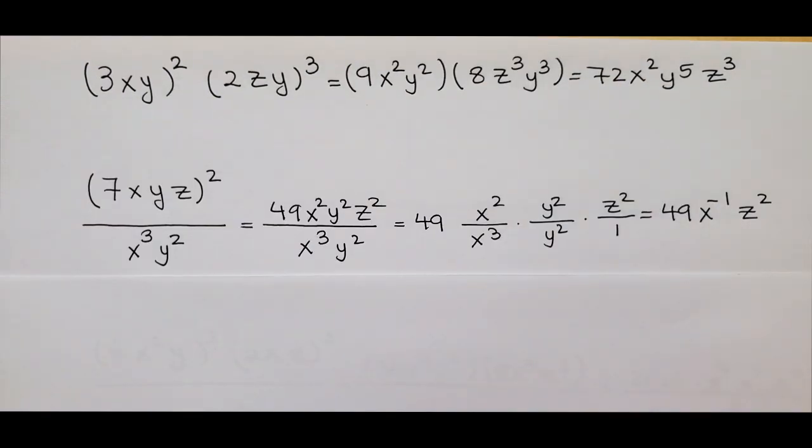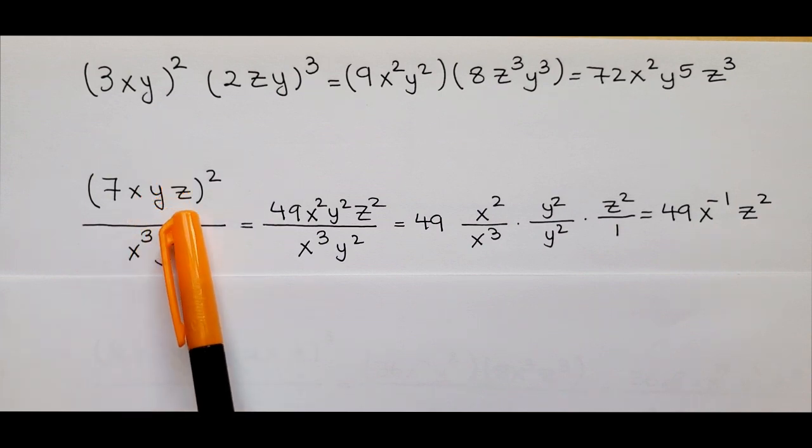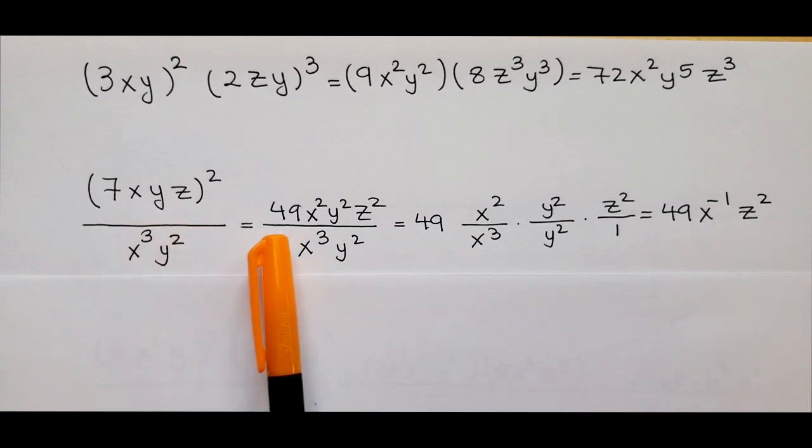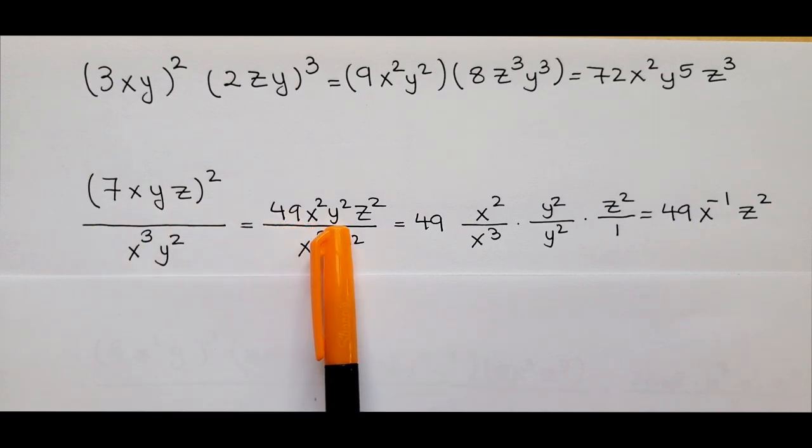Next example would be a combination of what we learned so far. So it's a fraction. Finally, we're going to do a division, but in the numerator, there is a parenthesis raised to the power 2, and in the denominator, I have 2 variables. So I start by simplifying the numerator. The power would be distributed, 49 x squared y squared z squared, and the denominator, x cubed y squared.